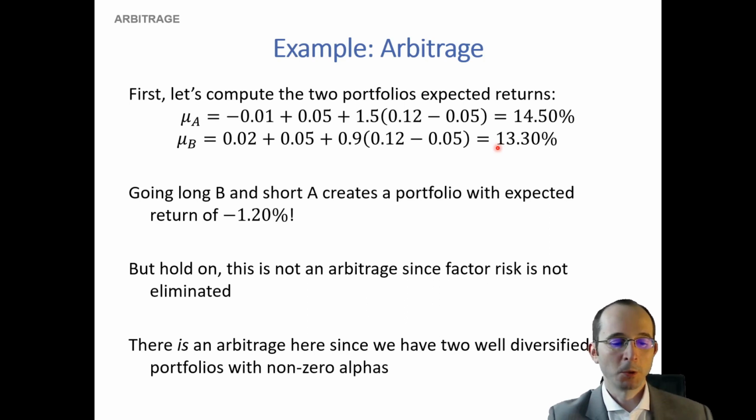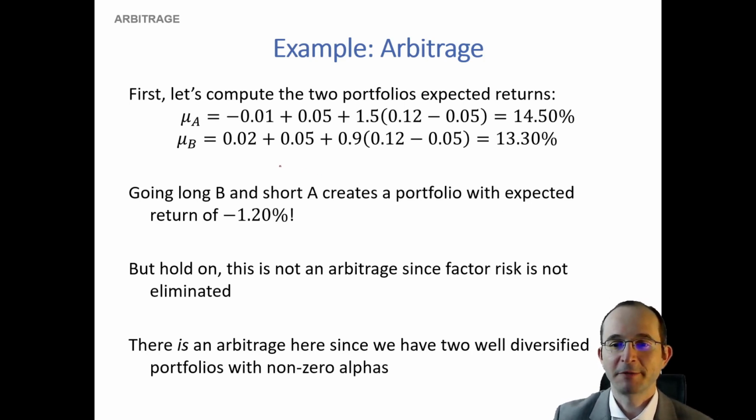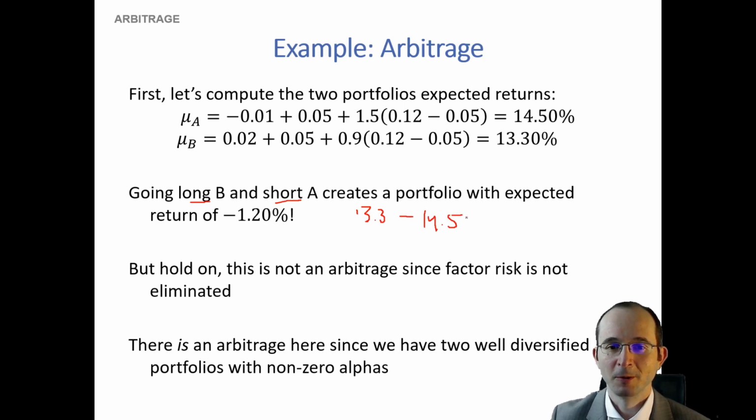So if we want to go long, share for share, one share of the positive alpha portfolio, which is to say B, and short one share of the negative alpha portfolio, which is to say A, well, that would be 13.3 minus 14.5, or negative 1.20.